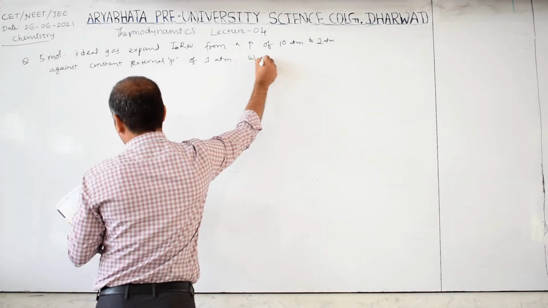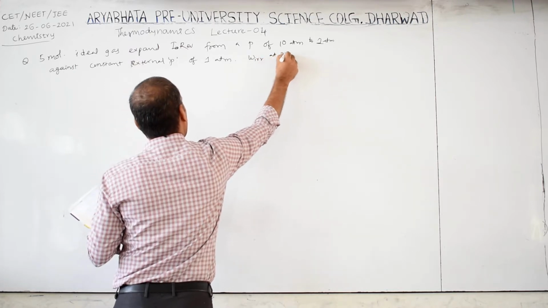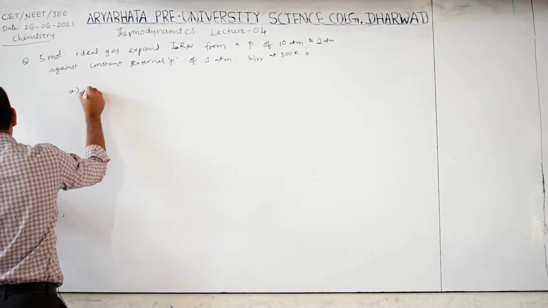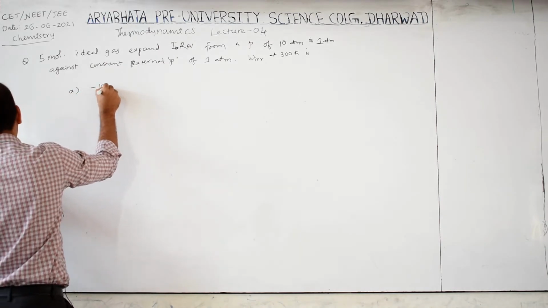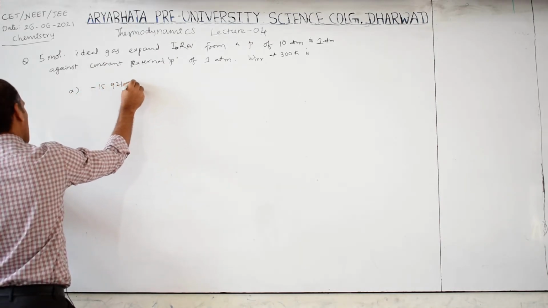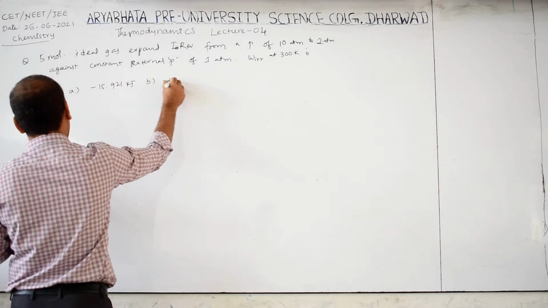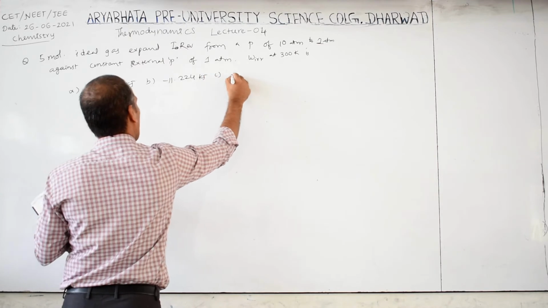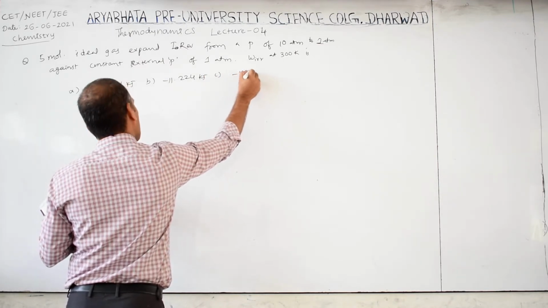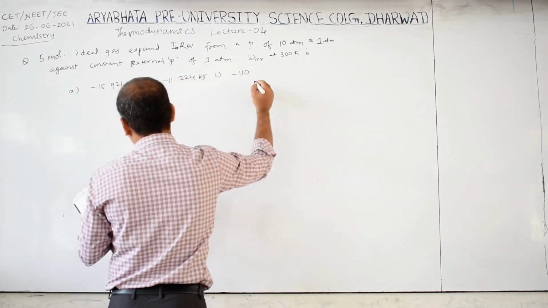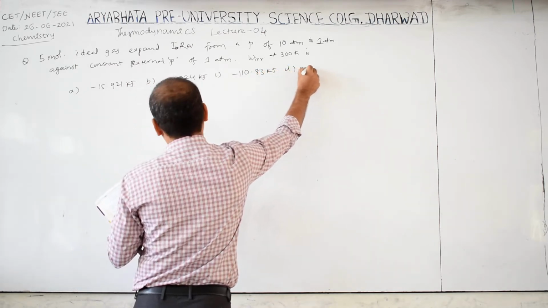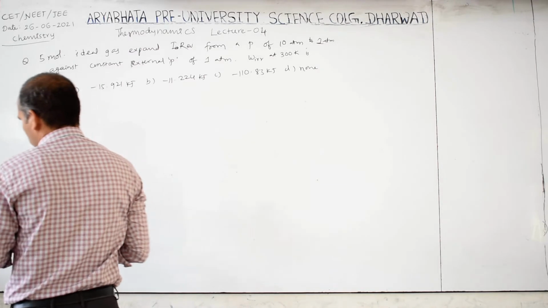W is reversible at 300 Kelvin is option A minus 1500 921 kilojoule, B minus 11 224 kilojoule, C minus 11 110.83 kilojoule, D none. Like this given.